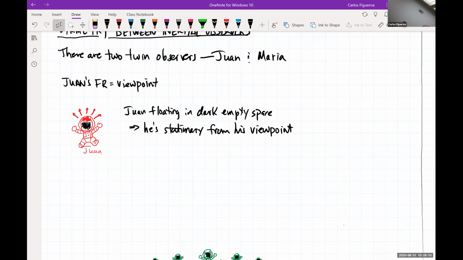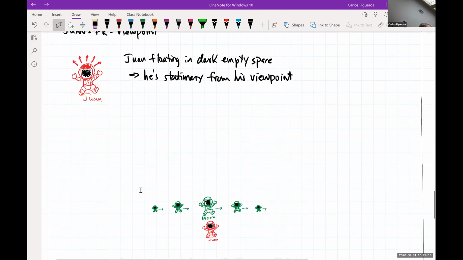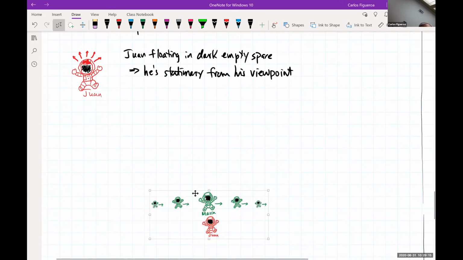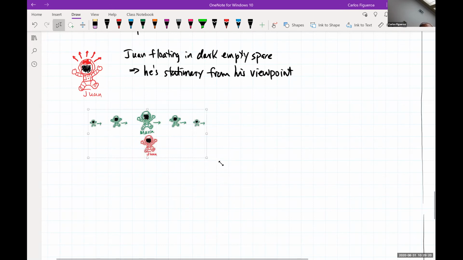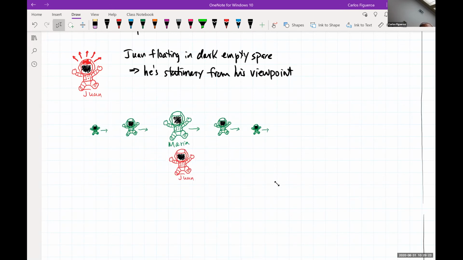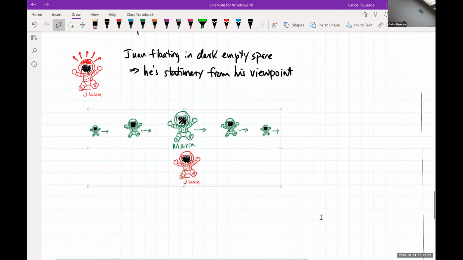Now what you're seeing here is a little sketch that I drew over here, just to save time. The scenario goes like this. Off in the distance is when he first starts to see Maria in this green suit that is also flashing a green light.